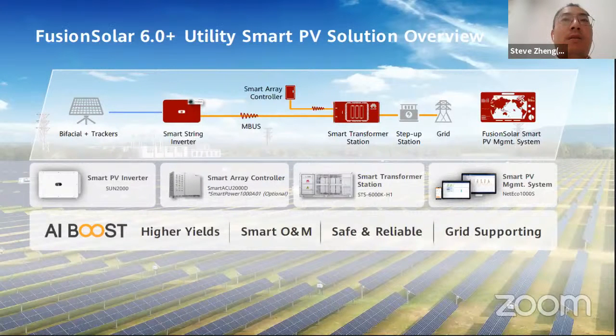The third one is the smart transformer station, also for the overseas market, integrated with an LV cabinet, a transformer and also the RMU. And there is the smart PV management system for real-time monitoring and management. Today I would like to introduce some of our latest progress on how we deploy AI technology in Vision Solar. Okay, next one.